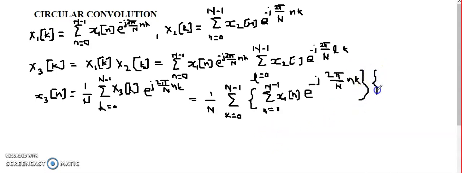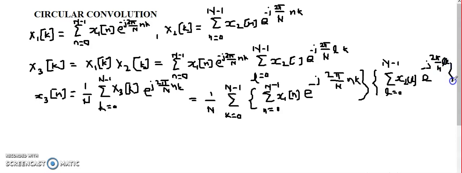The second expression will be summation L changing 0 to N minus 1, x2[L] e raised to power minus j 2 pi by N lk.